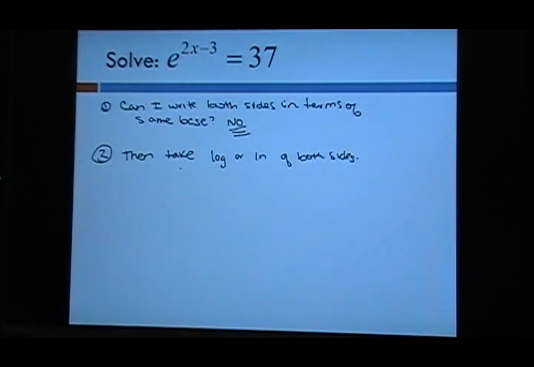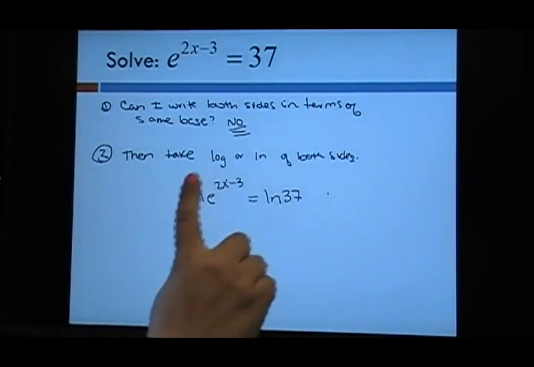Okay, so I'm going to take the natural log of both sides, or basically assign both sides as the argument of a logarithm. So this is the natural log of e to the 2x minus 3 equals the natural log of 37.